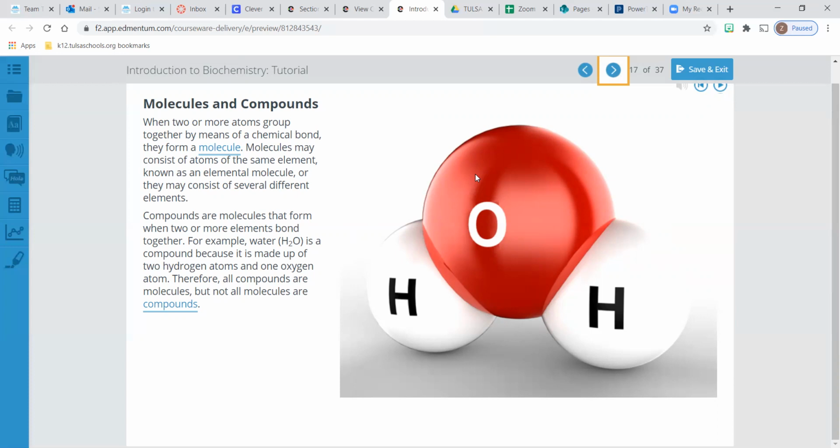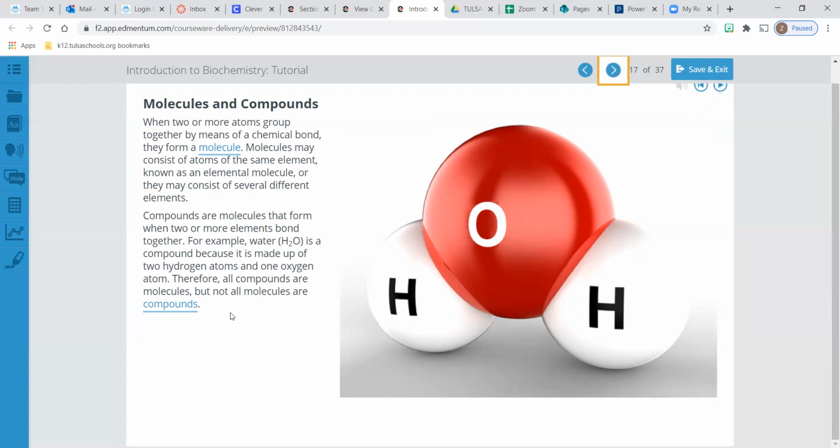So consider water, H2O. It's a compound because it is made up of two hydrogen atoms and one big ol' oxygen atom. So all compounds are molecules, but not all molecules are necessarily compounds, right?